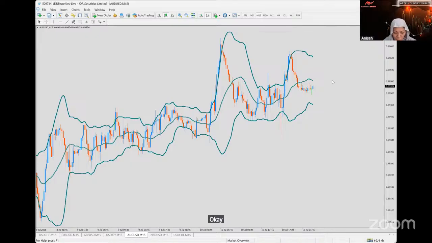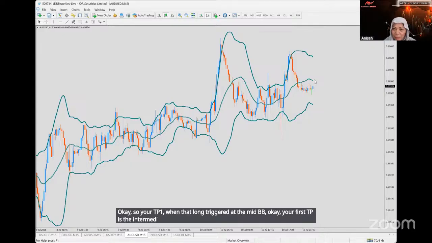Okay, so your TP1, when that long is triggered at the mid BB, is the intermediate upper band, not this M15 upper band. Intermediate means our H1. H1 upper band is at 0.69635.